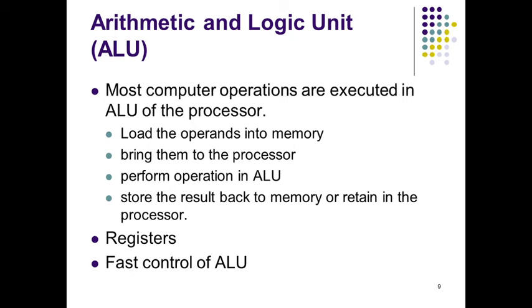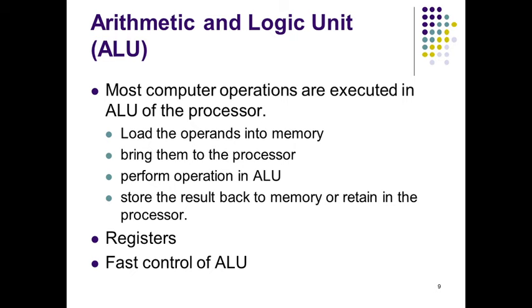A typical example: suppose two numbers located in the memory are to be added. Then they are first brought into the processor and the actual addition is carried out by the ALU. Then the sum is stored in the memory, or it may be retained in the processor for immediate use.